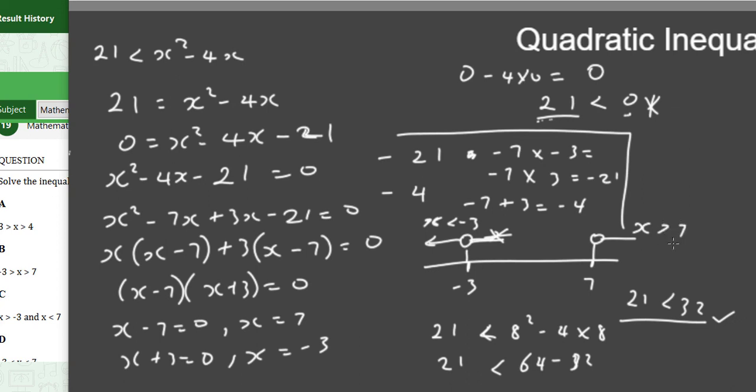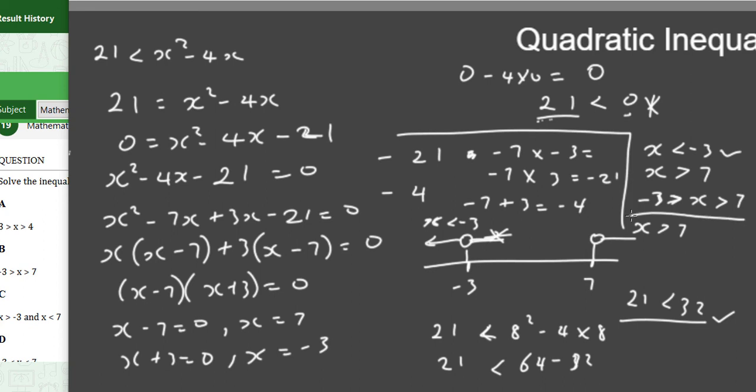So what then will become our answer? We can simply say that x is less than minus 3 and x is greater than 7. To make everything compact, you can simply flip this side. If you flip this first one, you just reverse this: minus 3 greater than x, and x less than 7.